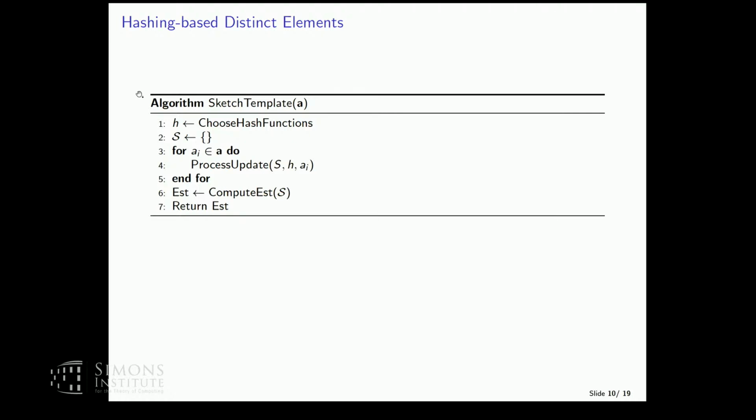Every time an element comes in, we process the element. What does processing mean? We update our sketch. And at the end of the stream, we compute our estimate based on the sketch we have. I showed you one example, which is to keep track of the minimum value. Later on, I'll show you another algorithm, but there are many of this type. You have some sketch, you update the sketch, and finally you compute the count just based on the sketch.